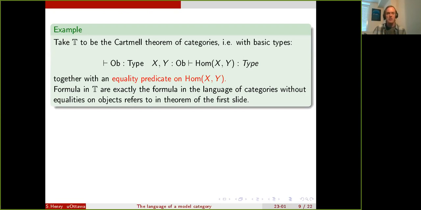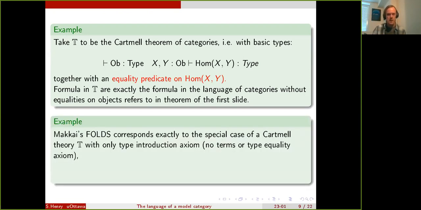So the formulas in this language are automatically invariant under isomorphism and under equivalence of categories. For people who have heard about Makkai's FOLDS, I'm just mentioning that the framework of FOLDS is a special case of this, where you consider a Cartmel theory that has only type introduction axioms, so no type equality axiom and no term equality axiom. Well, it cannot have any non-trivial term equality if it has no terms.